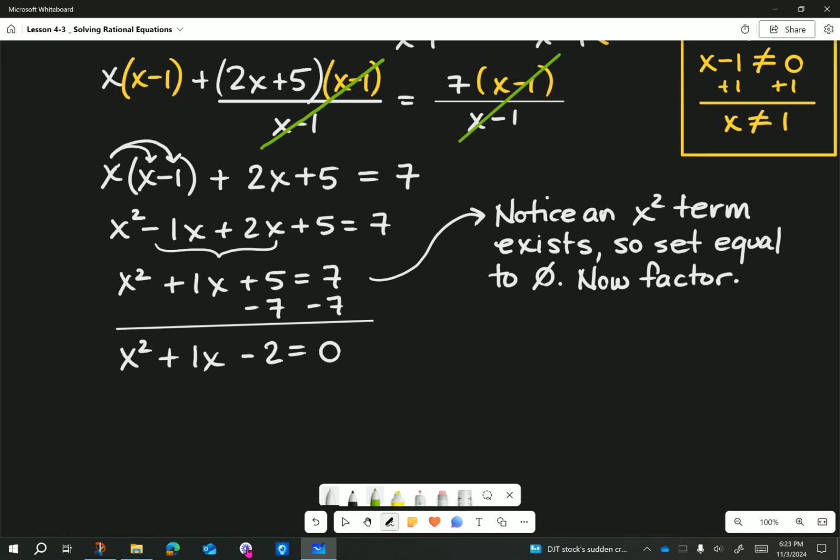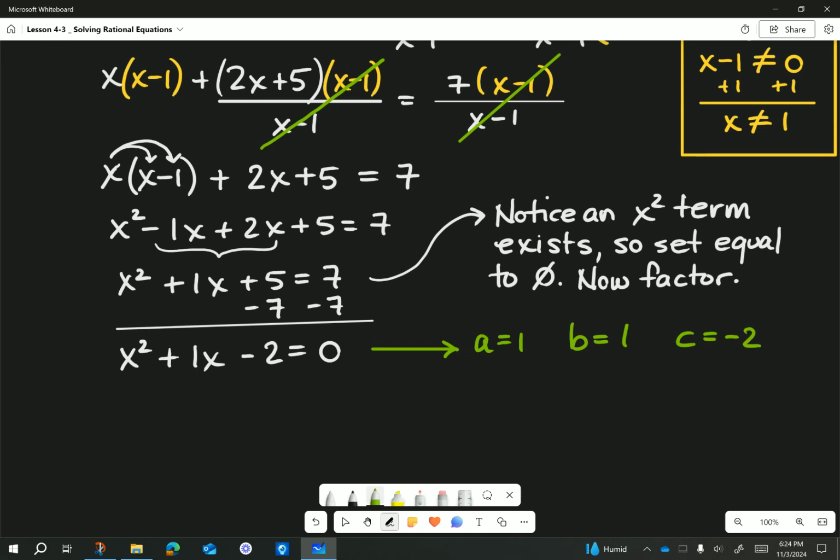So notice in this particular problem that my a in this problem is a 1. It's the coefficient of x squared. My b, the coefficient is also a 1, and my c is a -2.